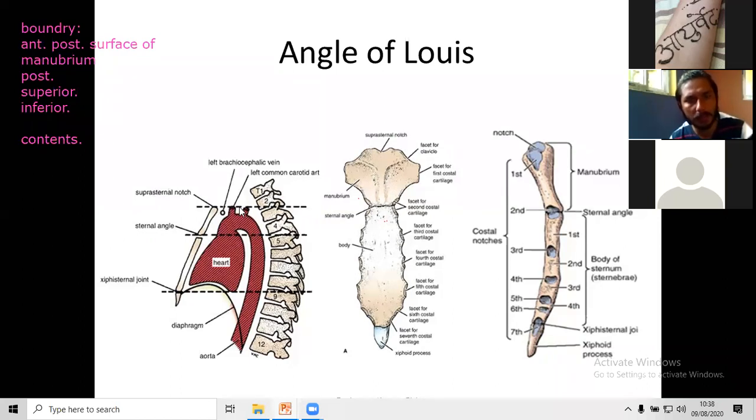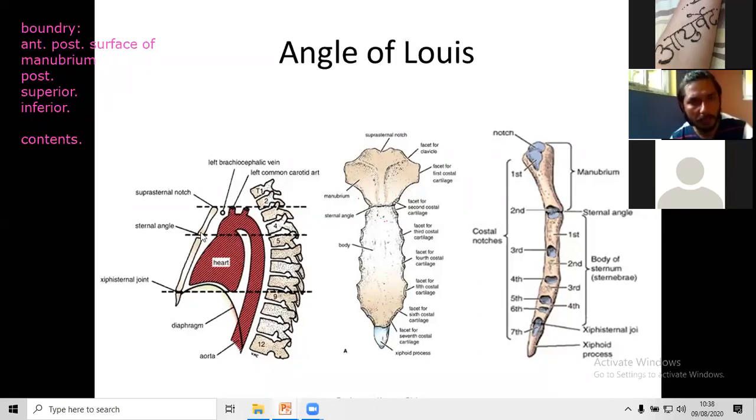Just above is the superior mediastinum. This region we are going to see. So this is the anterior boundary for the superior mediastinum. This will be the posterior boundary. This will be the inferior boundary, and this will be the superior boundary for the superior mediastinum.